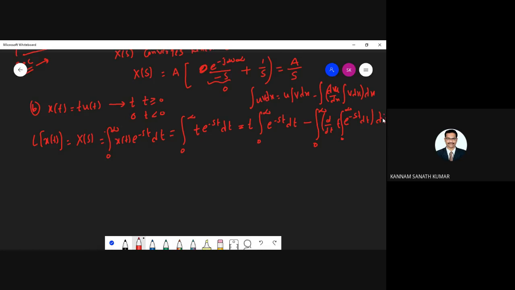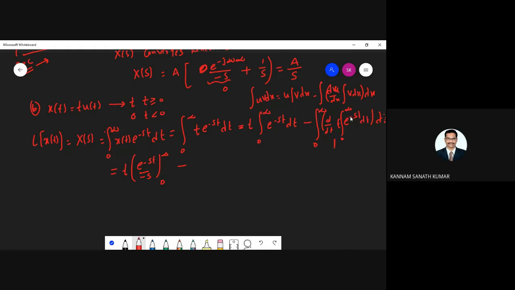So now you can find t into e power minus st by minus s between the limits 0 to infinity, minus... the differentiation of t is how much? 1. Again the integration of e power minus st is e power minus st by minus s.